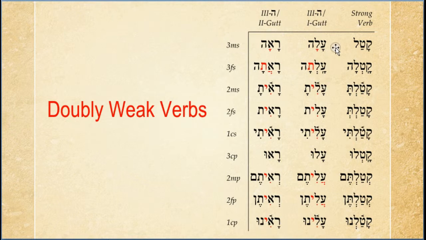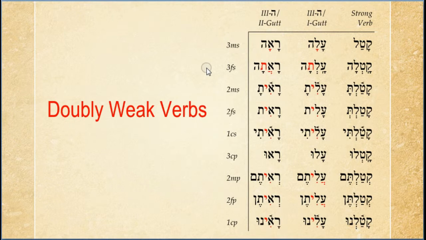And notice once again, you have the kamatz, not a kamatz patach, because this is a weak verb. And the biggest changes, let's look at ra'ah first, is of course that the hey drops out, and you have the tav. Well, wait a minute, we just looked at that.